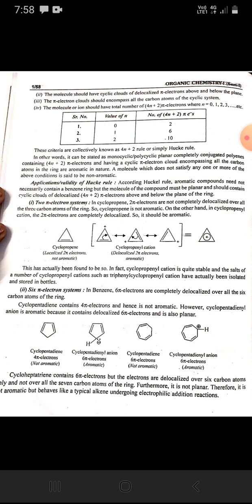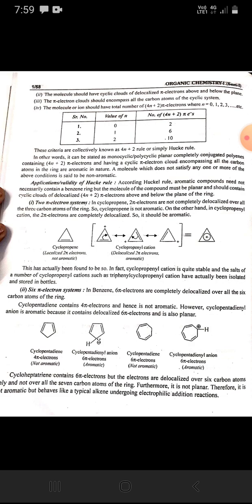Cyclopentadiene contains 4 pi electrons and hence is not aromatic. However, cyclopentadienyl anion is aromatic because it contains delocalized 6 pi electrons and is also planar.